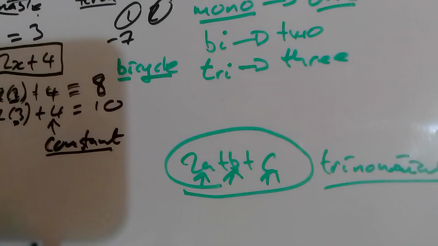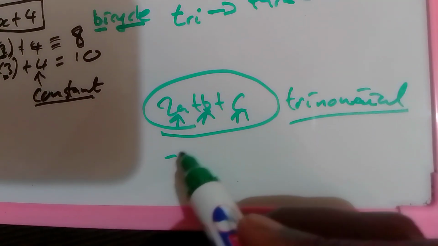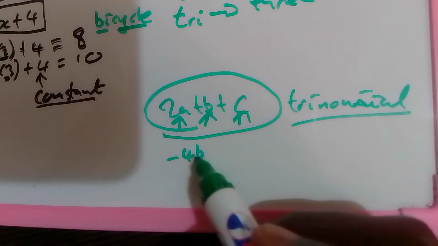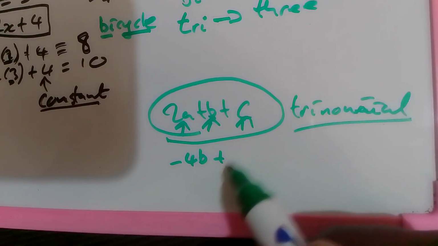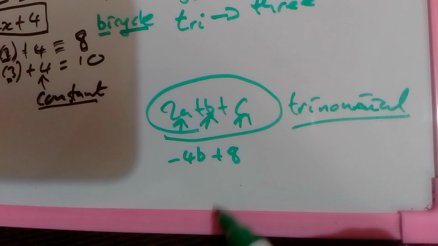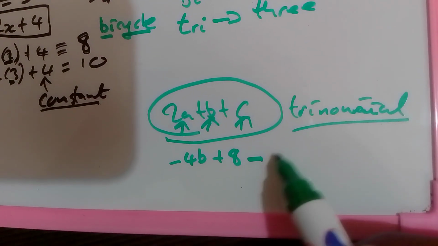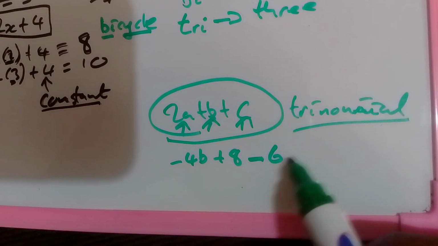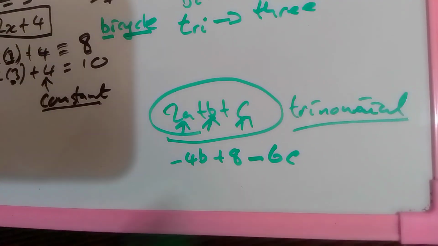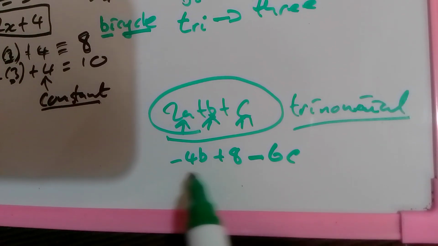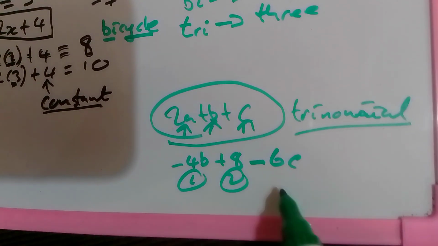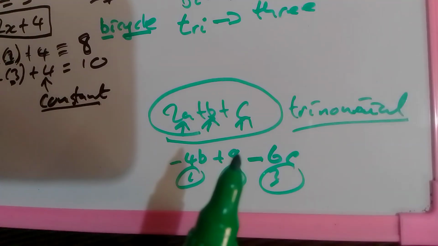Why? Because we've got 3 terms. Another example, I can start by having a negative 4b here plus 8, right, minus 6c like that. Okay, this is a trinomial, term 1, term 2 and term 3.